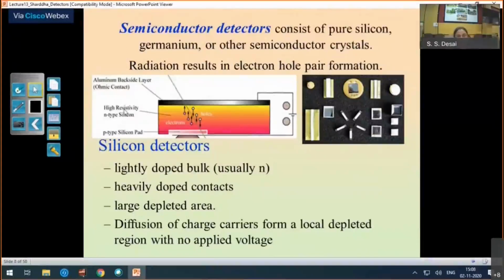Here are the semiconductor detectors. As I said, an NP junction is treated with reverse bias, and in this depletion mode, whenever radiation falls on it, you get electron-hole pairs. These pairs contribute to the pulse. But at the same time, you know that silicon wafers have limitations on size.